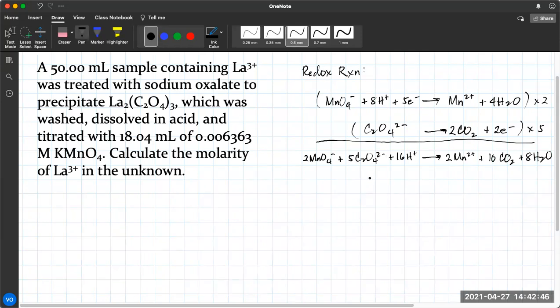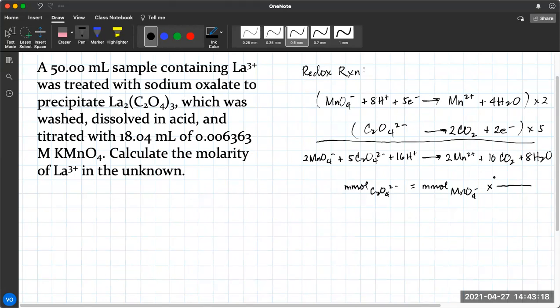Okay. So now, again, using number of moles, here we can use moles or millimoles based on our stoichiometry. The number of millimoles of oxalate is equal to the number of millimoles of permanganate multiplied by our stoichiometric factor.